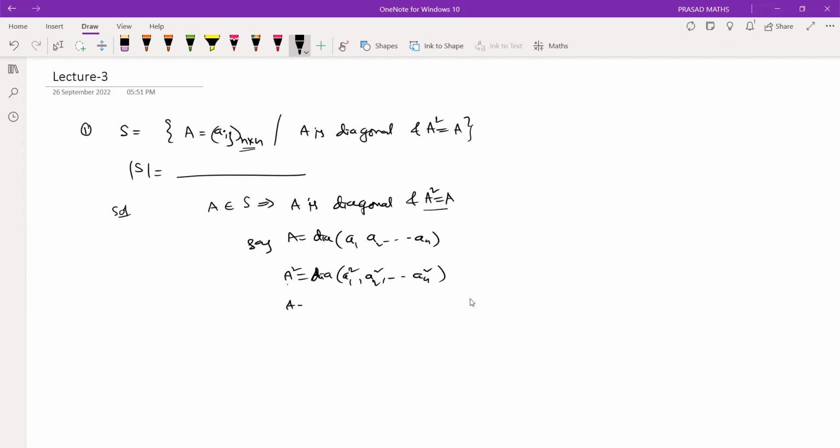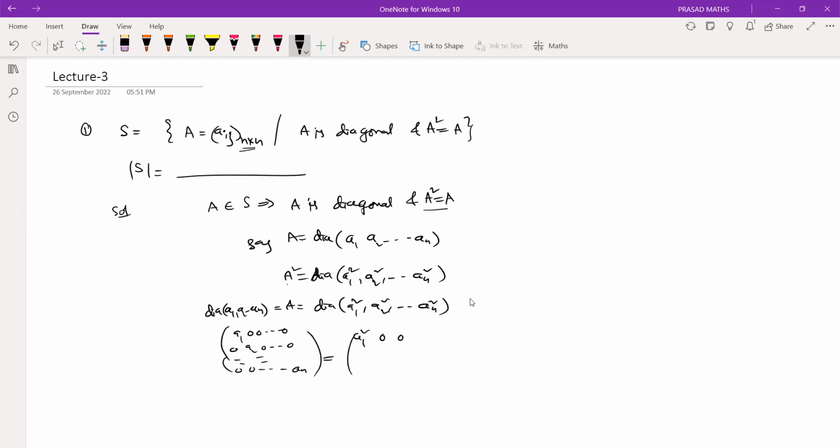But you know that A square is equal to A, which is diag of a1, a2, ..., an. So this matrix with a1, 0, 0, 0, then 0, a2, 0, 0, going on to an, equals the matrix with a1 square, a2 square, going on to an square.